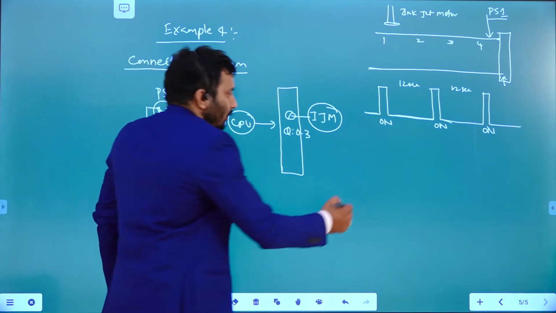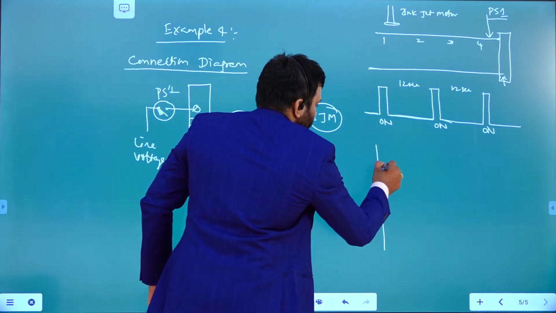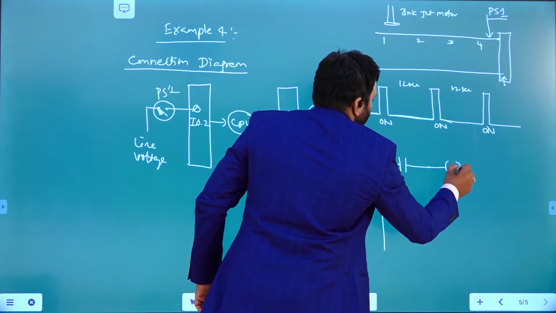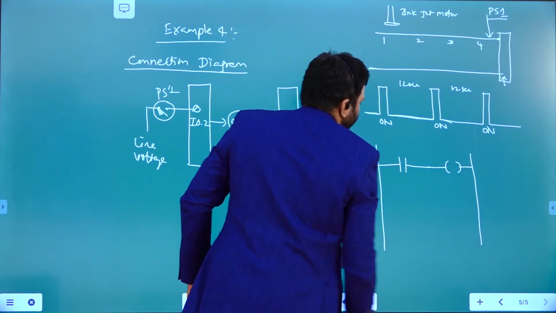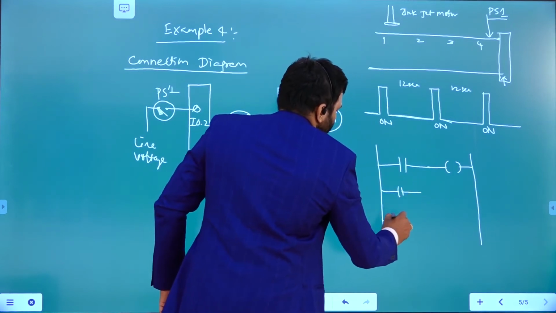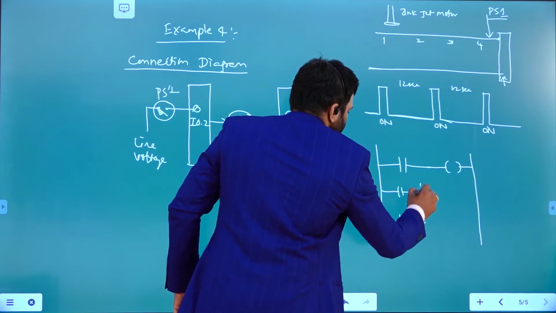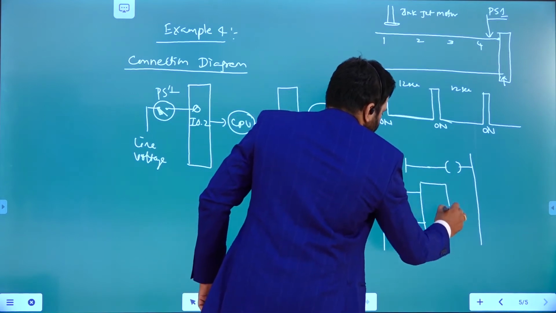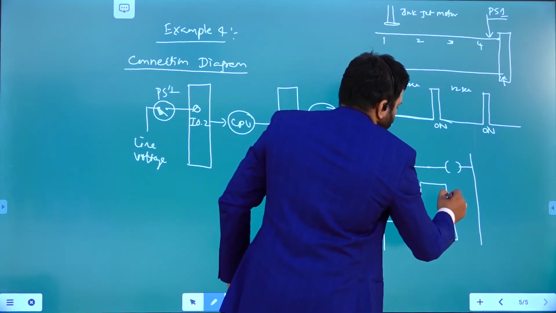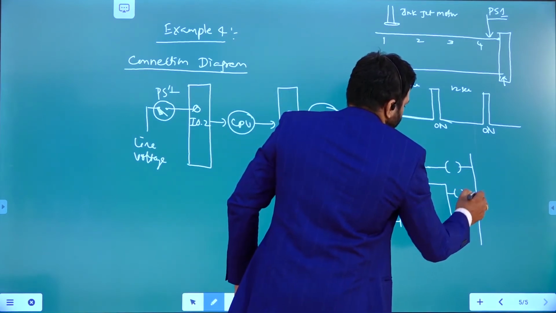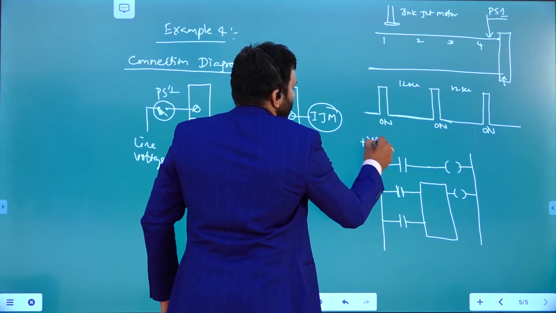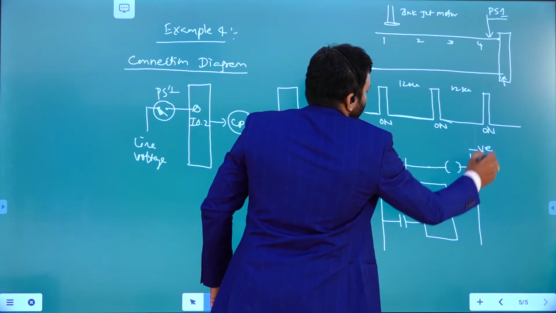You can see here, whenever cloth is there, it needs to be on. So your timer is there. Anyway, this one is the positive rail, this one is the negative rail.